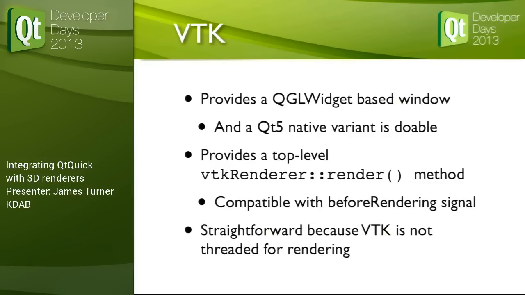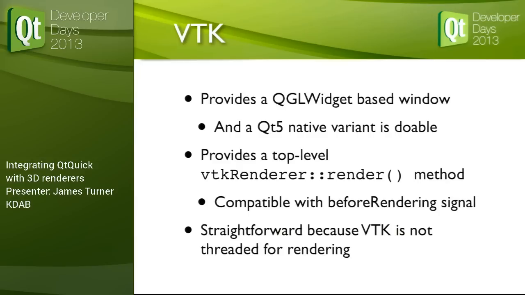And the good thing is that VTK is a fairly simple renderer. Actually, VTK is bordering on an archaic renderer at this point. It was designed for OpenGL 1, and that still shows. But it does mean it gives you a top-level function like render on the renderer object.